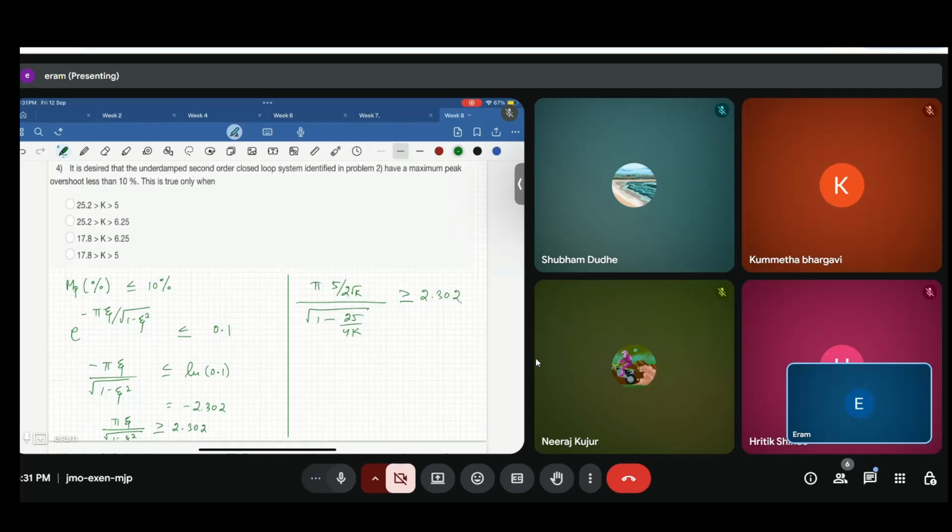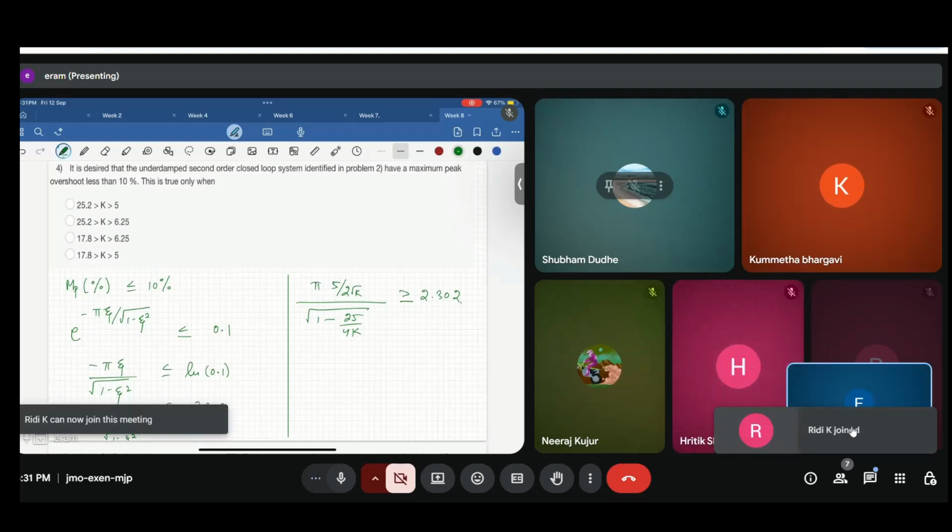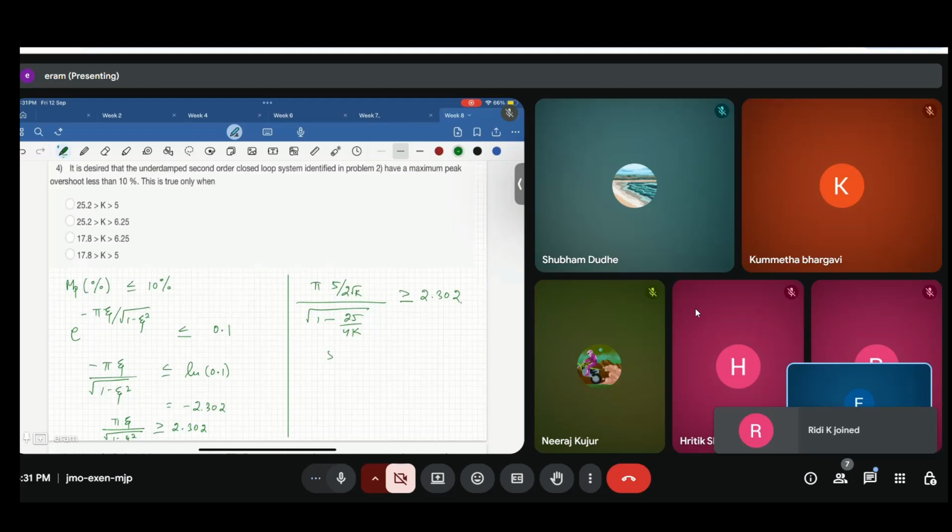Solve for k. So if you solve, you will get k less than 17.8. Okay.